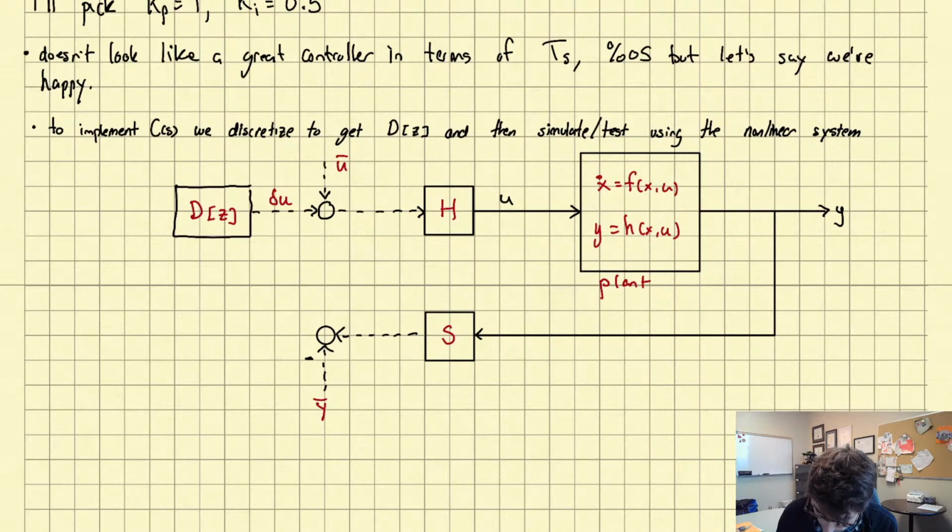And what comes out of that is delta Y. And now you're in business. Delta U and delta Y are the quantities we were doing our linearization or our control design with respect to. And so the rest of the diagram is the same.